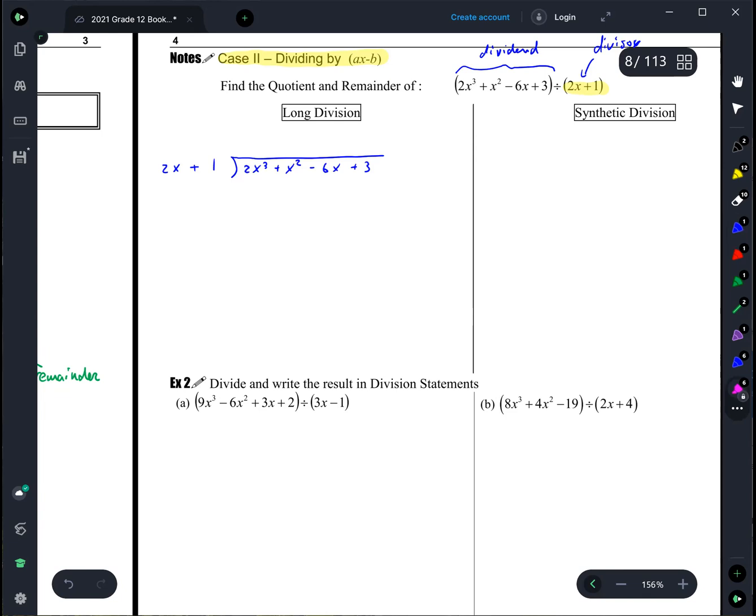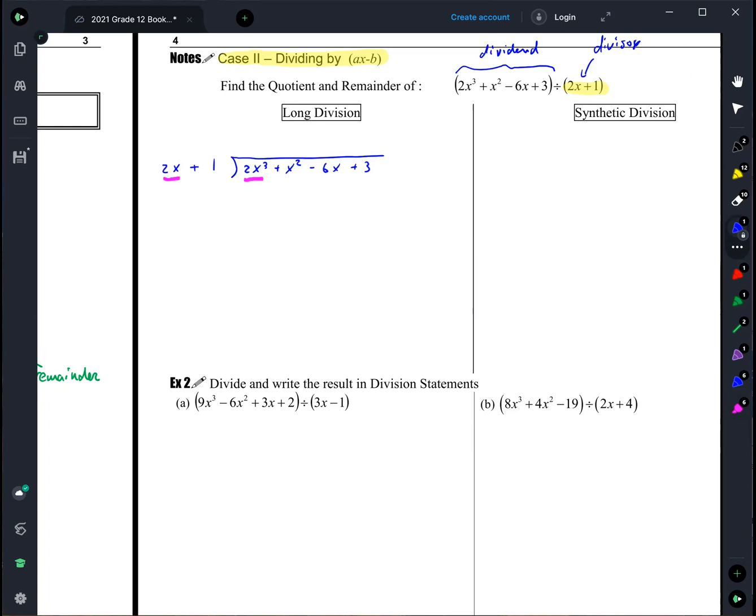We start by comparing the first term with the first term. So 2x times what can make 2x cubed? Chris? X squared.